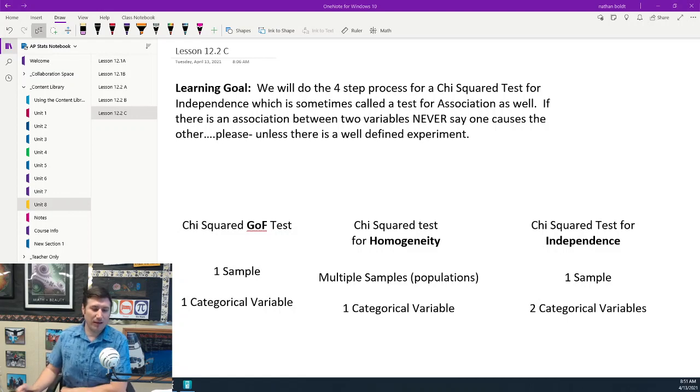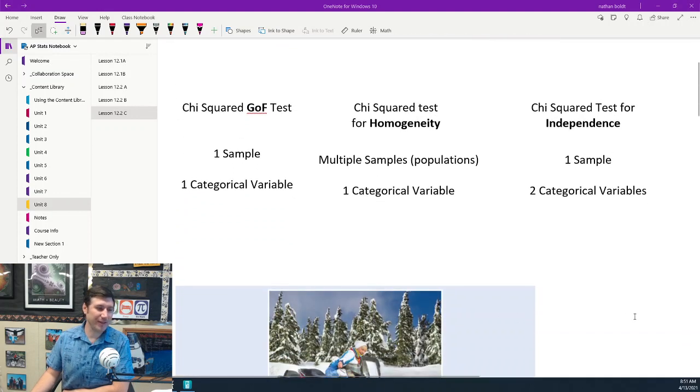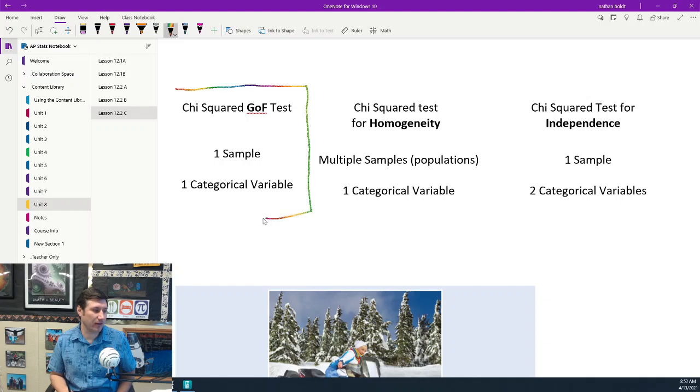So again, here is our organization of these three chi-squared tests. There is the goodness of fit, the test for homogeneity, and the test for independence. Now, this one we don't have to worry too much about because it is different than the other two.